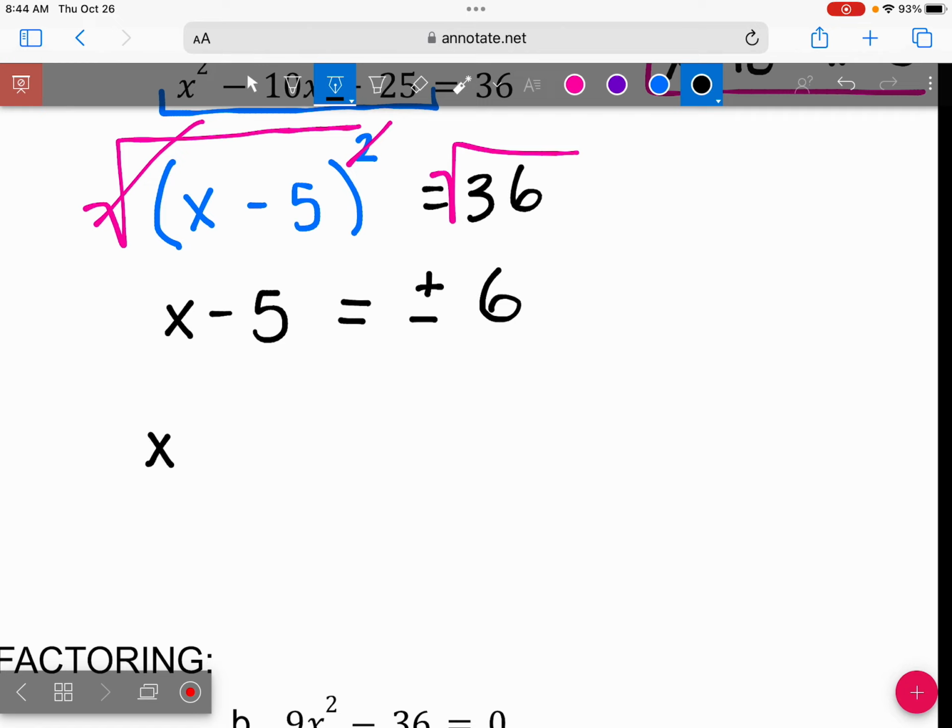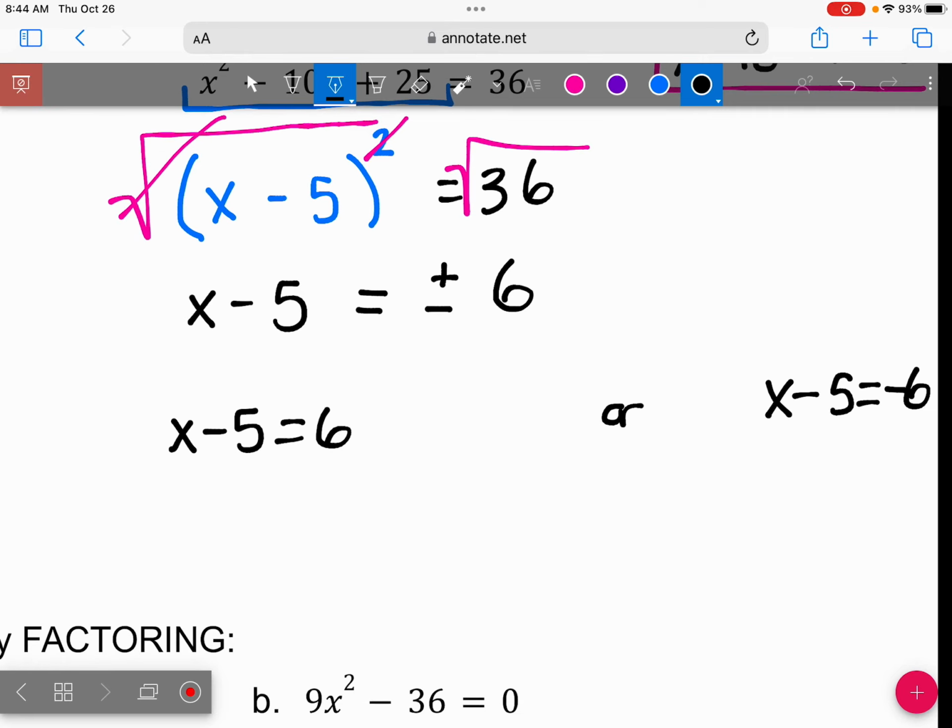So we're going to have x minus 5 equals 6, or x minus 5 equals negative 6. So we're going to solve both of these by adding 5 to both sides. So we're going to wind up with x equals 11 and x equals negative 1.